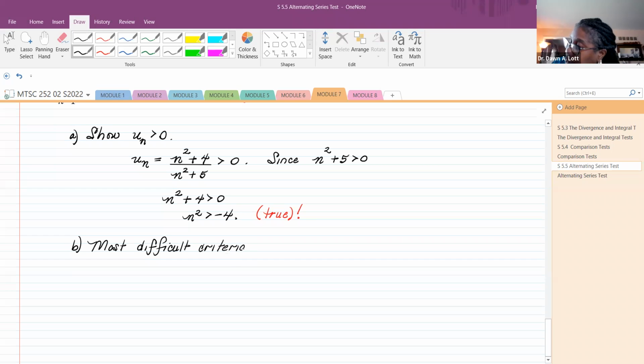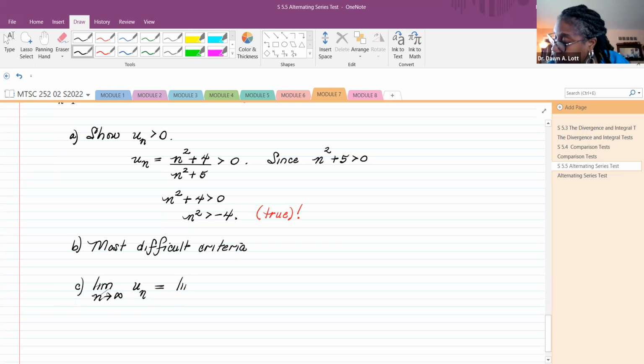And since it's the most difficult criteria, I'm going to go on to C, only because I know that something's going to happen with C. So I need the limit as n approaches infinity of u_n.